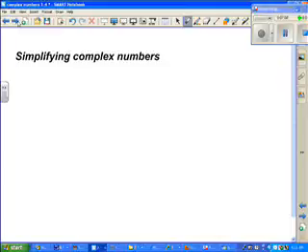Now, simplifying complex numbers. I want to go through examples the book has. We're going to go through the 5 examples here. I'm on page 21 if you want to go with me. The first example is the square root of negative 25. Remember, this is how we break this down.